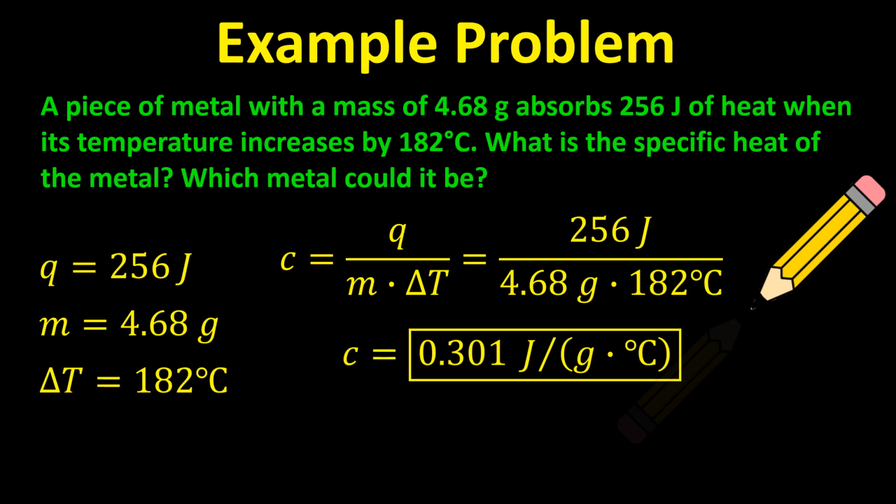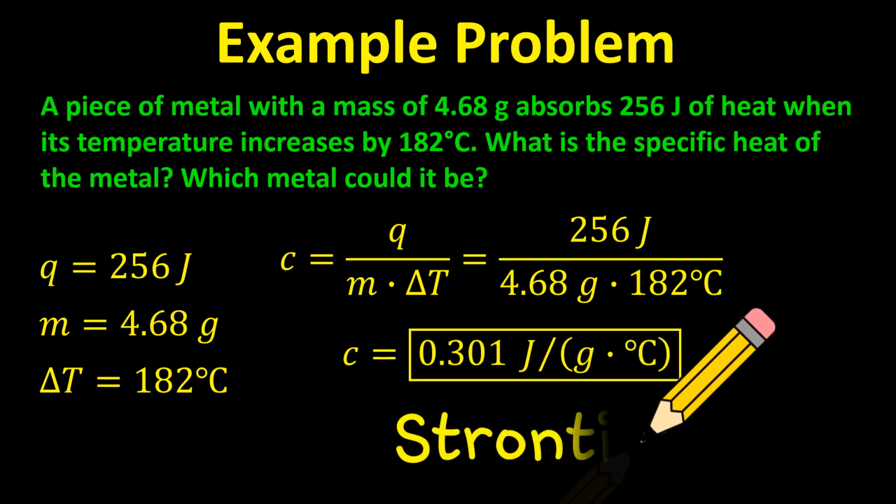Now this number by itself is not that interesting or useful, but what we know is that different materials have different specific heats. So if we look up in our book or in a table where there are different specific heats listed for different materials, we can see that this value corresponds to strontium.